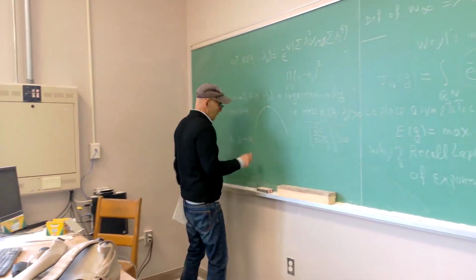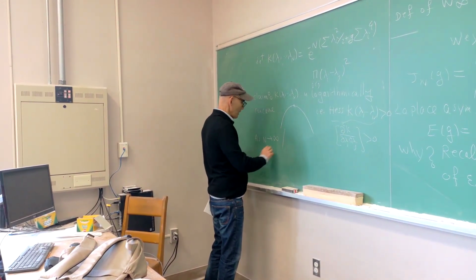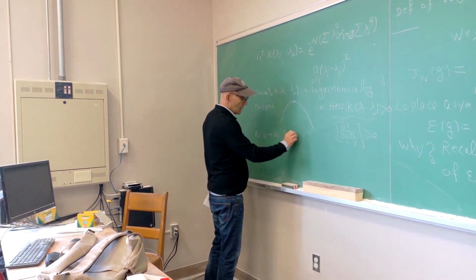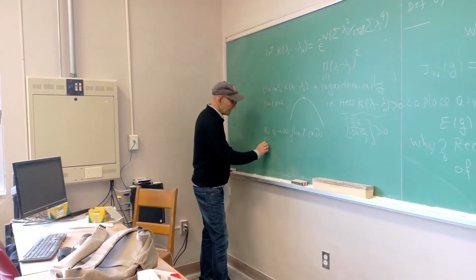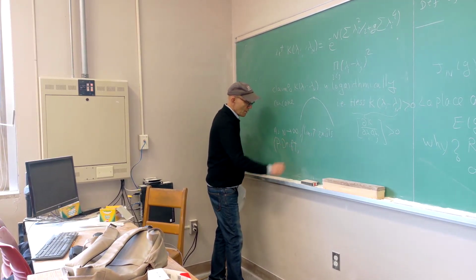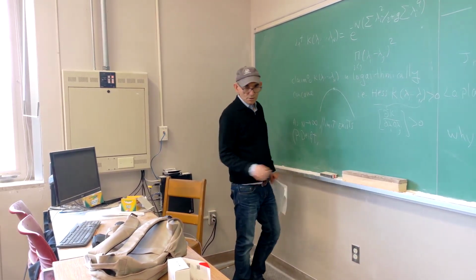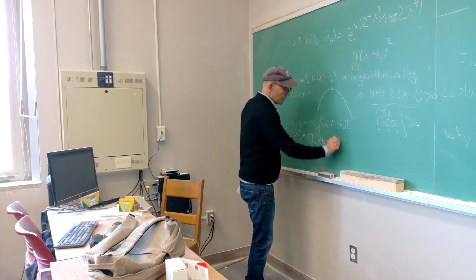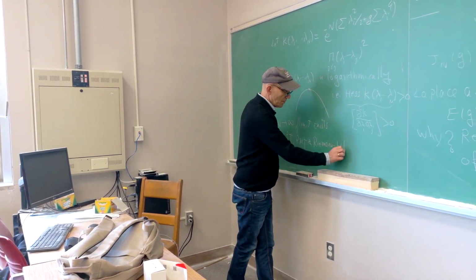Nevertheless, people have worked this out and it's okay. The standard reference is the book by Percy Deift, Orthogonal Polynomials and Random Matrices: a Riemann-Hilbert Approach.